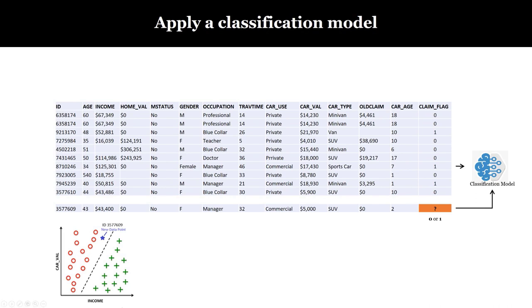So if I have 2 dimensions and I plot this from my training data, now I have the new case, which is the case 3577609. Let's say this. When I take the same X and Y axis, which is the income and the car value, let's say I found the point lies here.